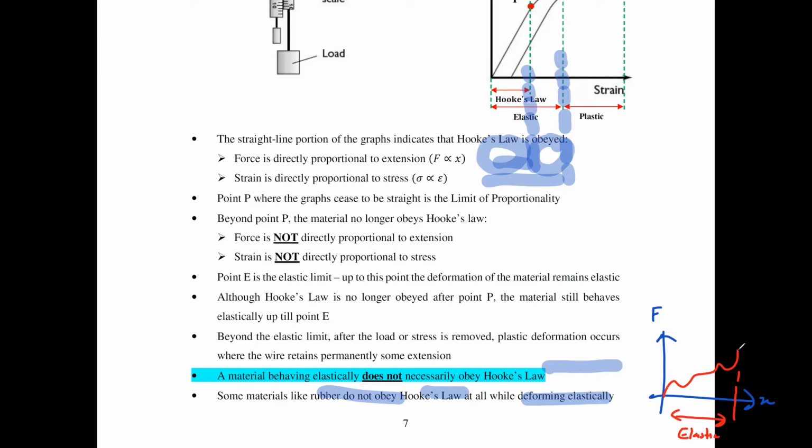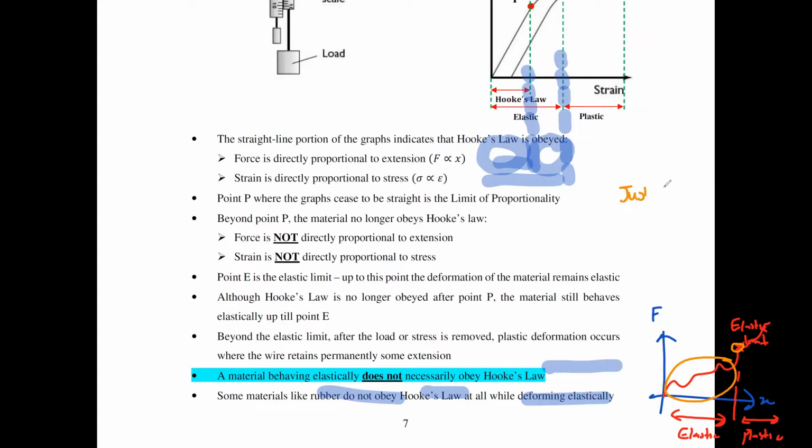Okay. If you go and do it up to here, this is your elastic limit now. Up to here is elastic. Up to here is, say, plastic. So you can see from here that this part does not obey Hooke's law because the graph is not straight. All right, but it is still elastic. Okay, so just bear this in mind.